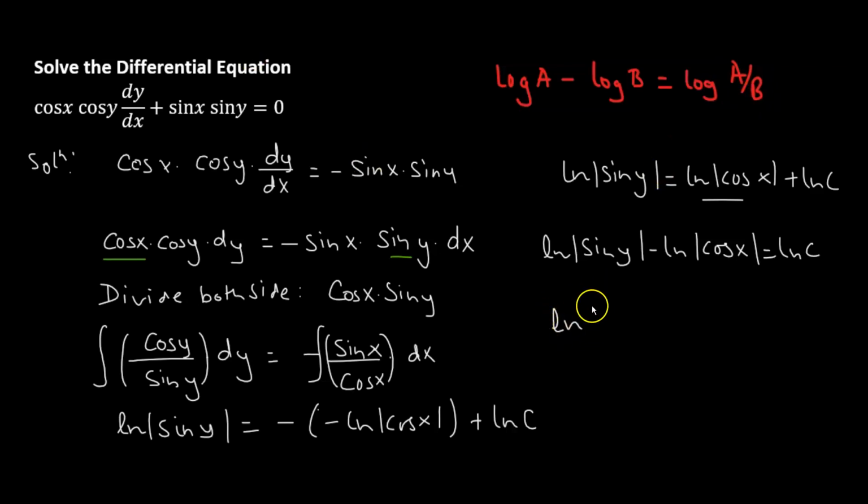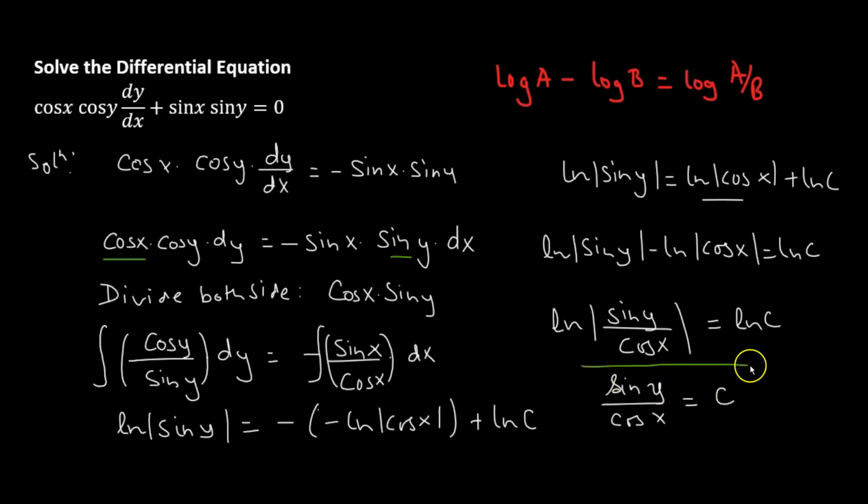So we have natural log of sine y divided by cosine x equals to log of c. Now we can get rid of the logarithm from both sides, which leaves us with sine y over cosine of x equals to c, and this is going to be our final solution.